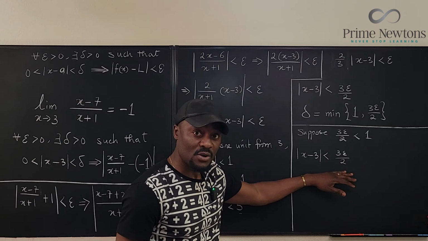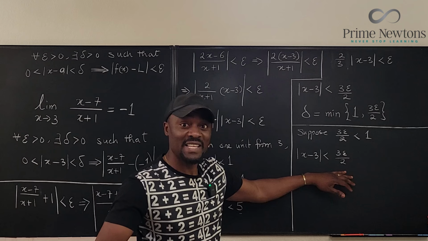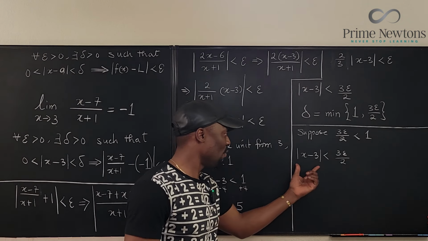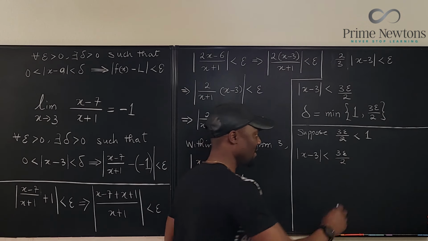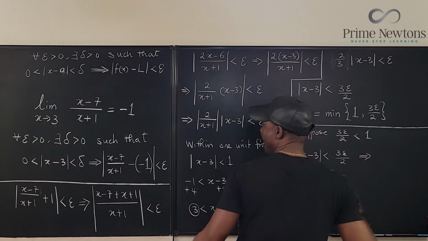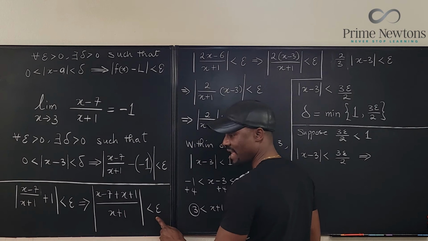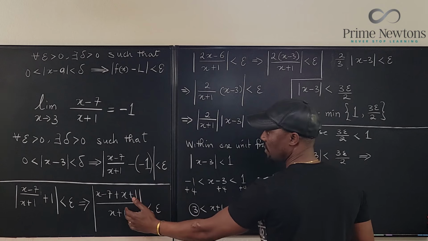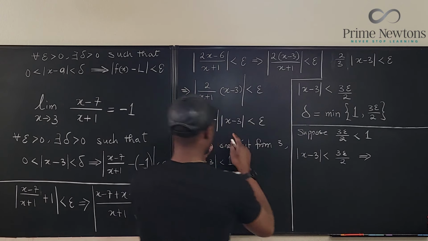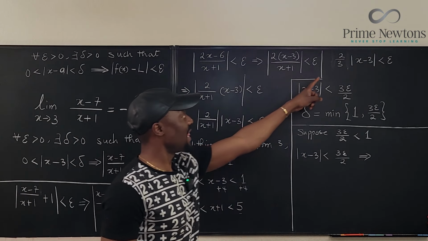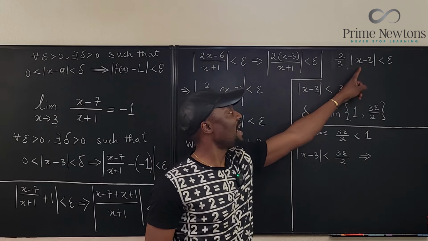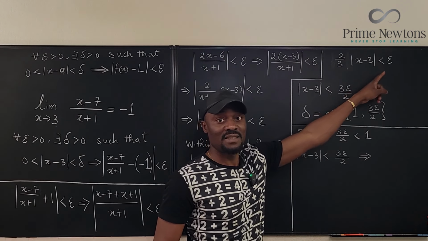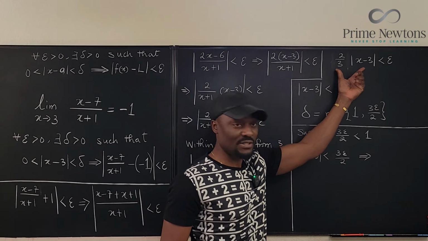So from here, what we have to do is go back again. Remember what it implies. Once you know what your delta is, this implies that this is less than epsilon. And we have shown that you can work your way all the way to this point. We're coming back here again. And that gives us this. 2/3 of |x − 3| is less than epsilon, but we want to show that this is really true.